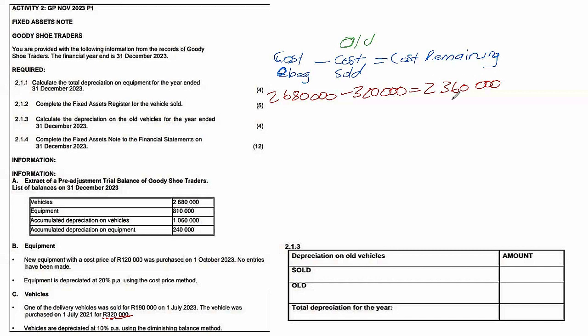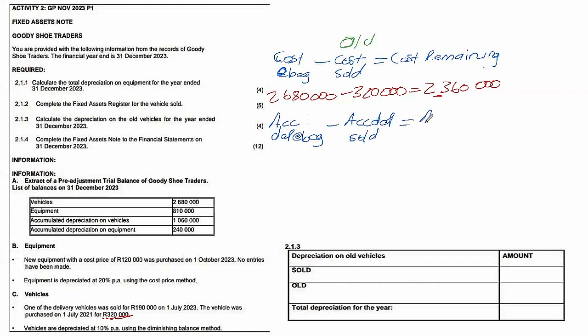So now we have our cost of 2,360,000. The very same formula that was used for cost, you need to apply again on accumulated depreciation. So it's accumulated depreciation at beginning minus accumulated depreciation sold, right?